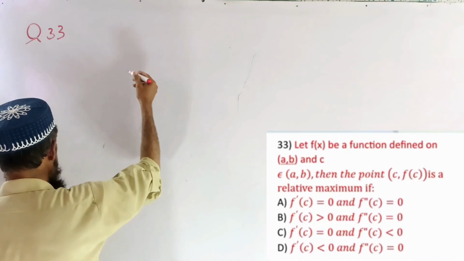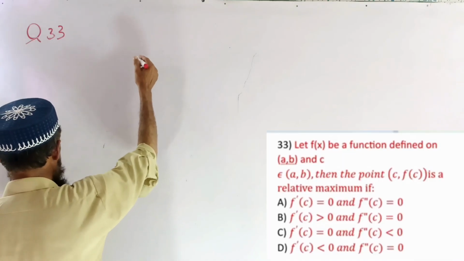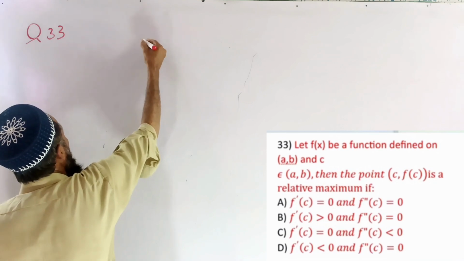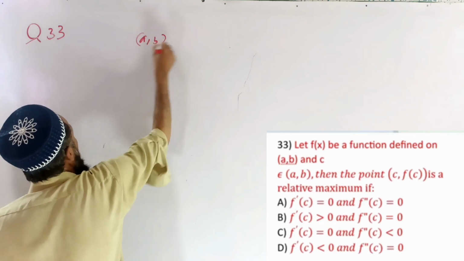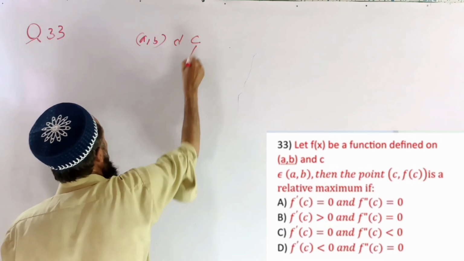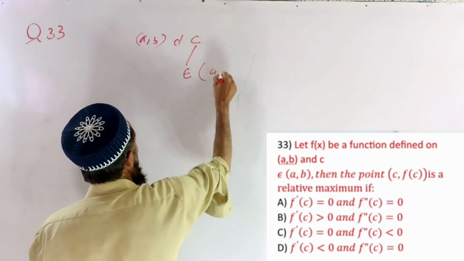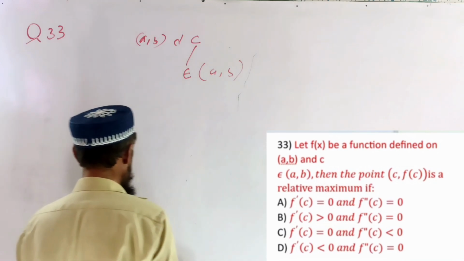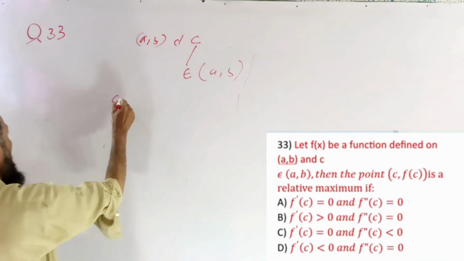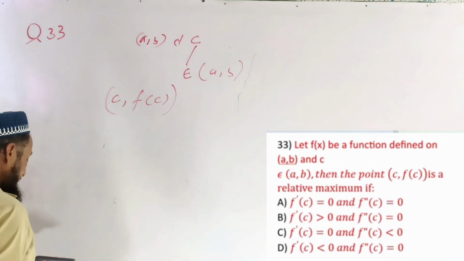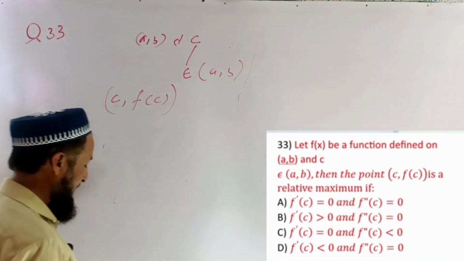Find a function f on the interval a b, where c belongs to the interval a b, and the point c and f of c is defined. The function has a relative maximum.